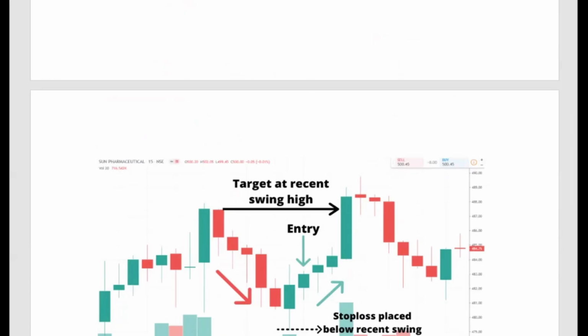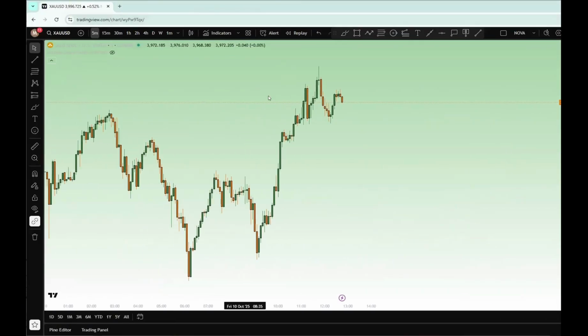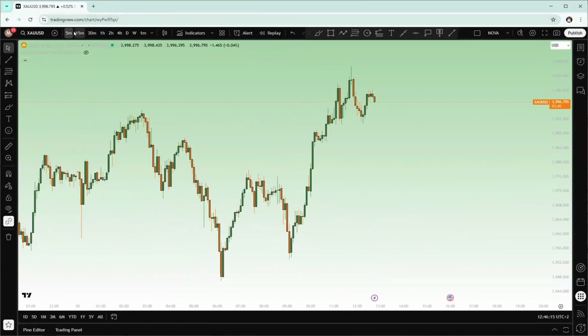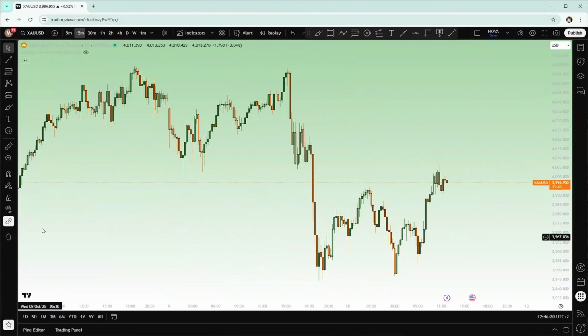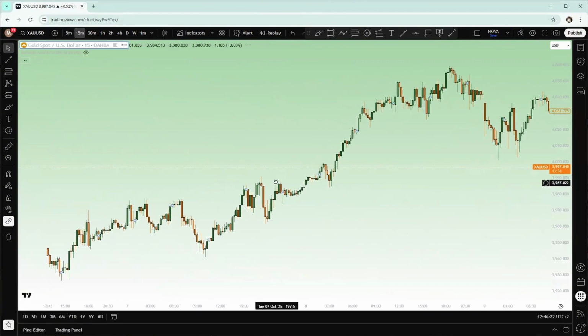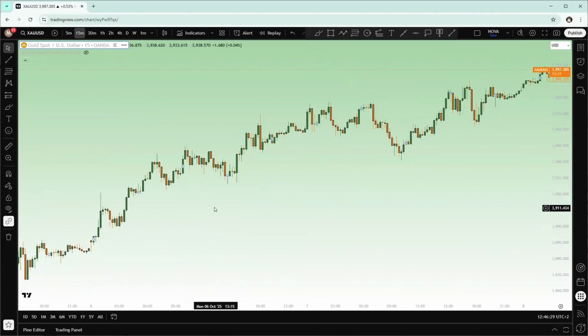Okay, so now we will move to the real-time chart. I will share my screen. You can see the chart, we are looking at 15 minutes. Let's practice and find the bullish engulfing.